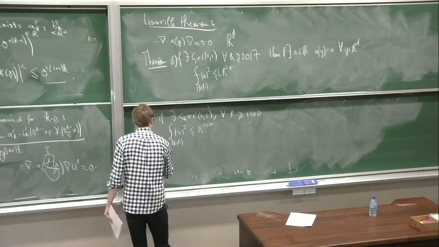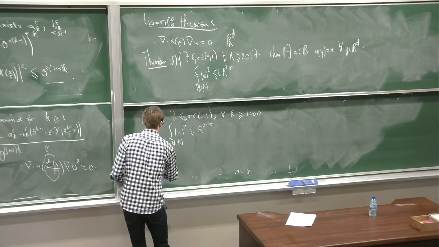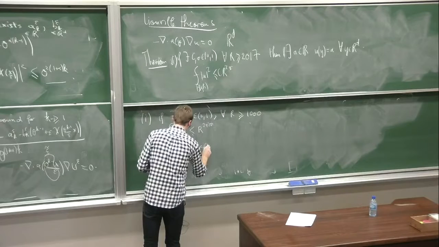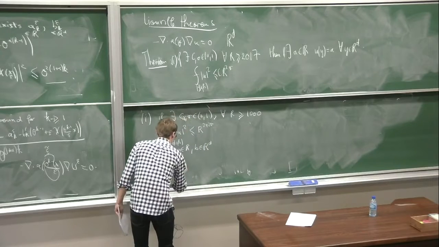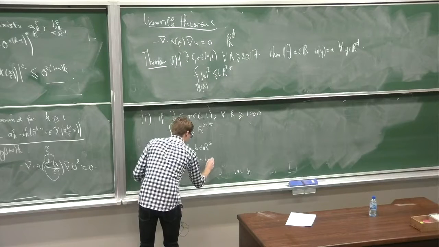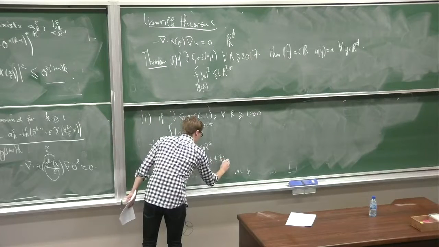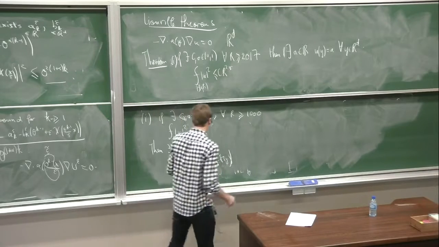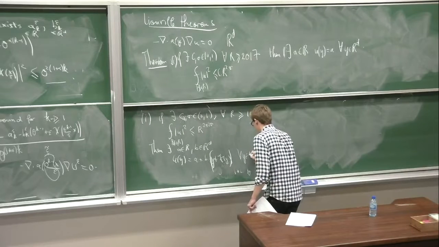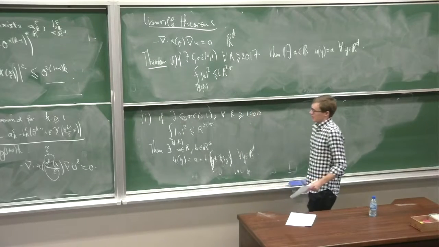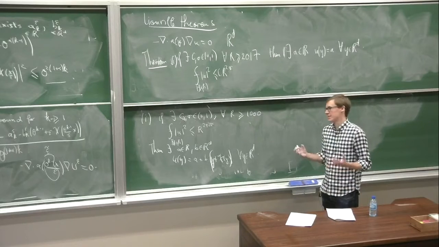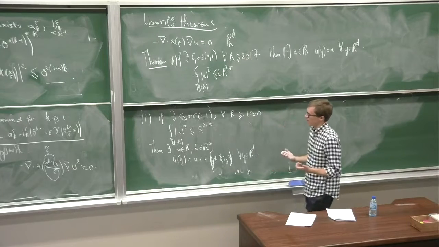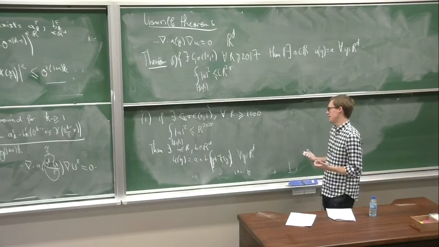In that case, there exists A in R and B in R^d such that u(y) is equal to A plus B dot y plus chi(y), for all y in R^d.